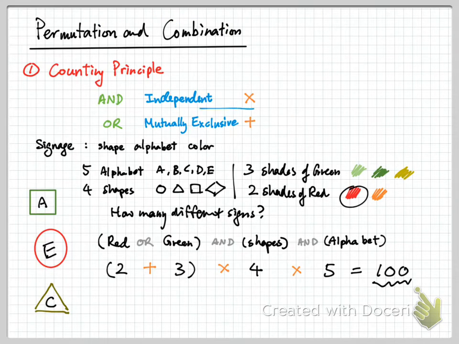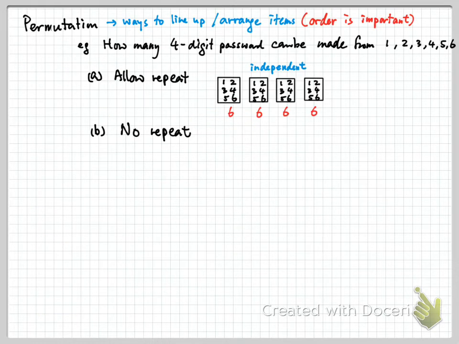For independent events, we multiply them together. So we multiply these 6, 4 of them, together. The answer is 6 to the 4th power, which is 1,296.